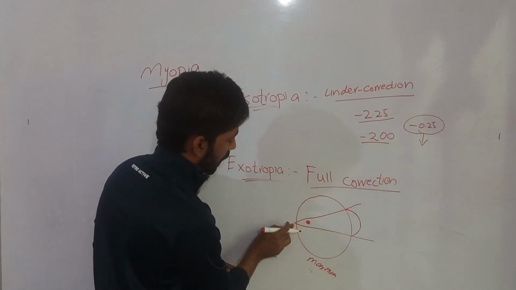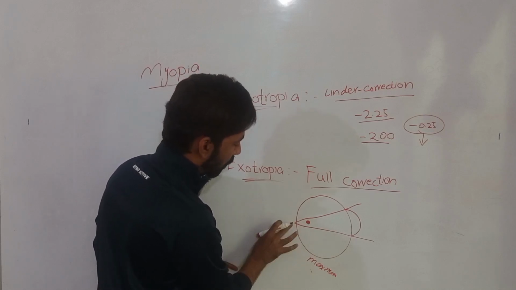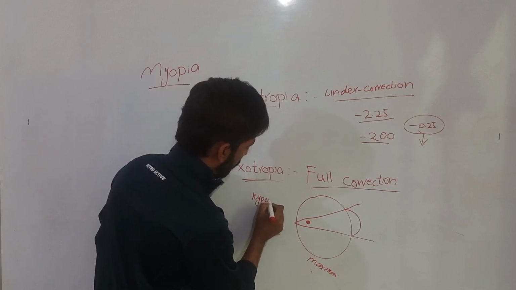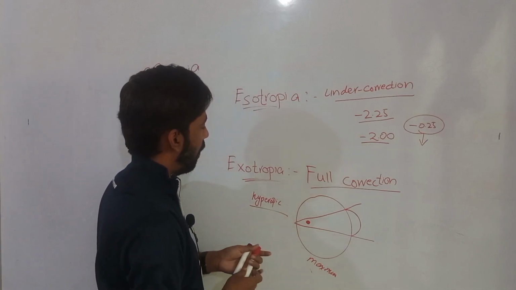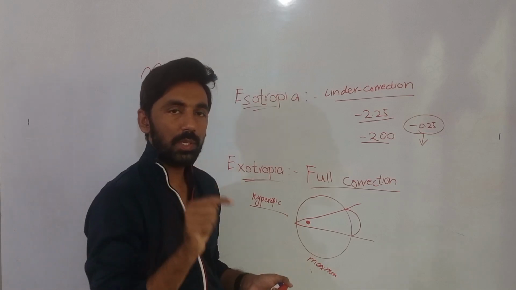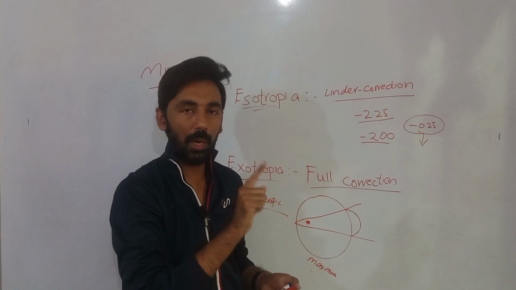So in case of full correction or over correction of the minus, the eye of that patient would be hyperopic, and you know very well that a hyperopic eye can accommodate.